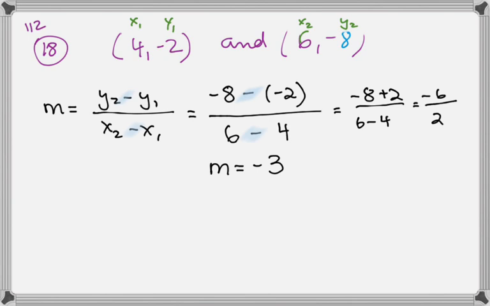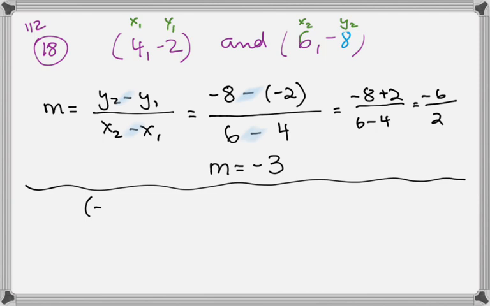Okay, how about one for you? Let's not look in the book. Let me make something up. -5, 3, and somebody give me a number. 8. One more. 2. Okay, here you go. Find the slope.